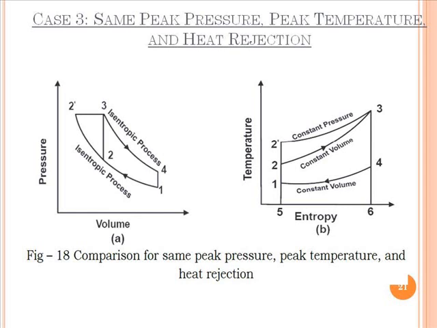So efficiency of diesel cycle is highest, second number is dual cycle and third is Otto cycle.